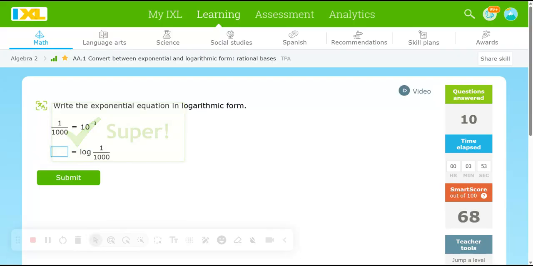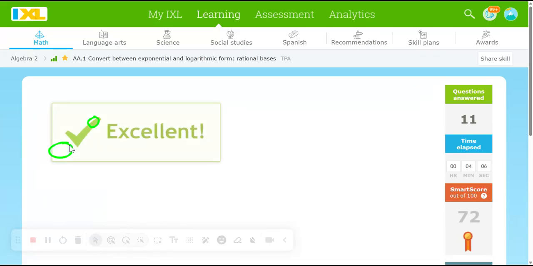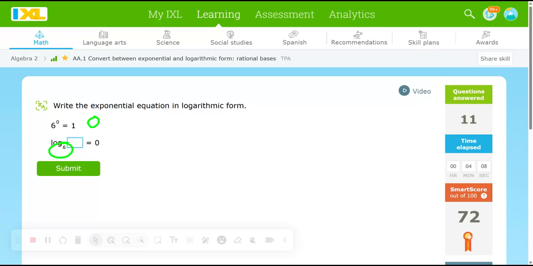And now again, the power of your exponential has to be the answer of the log. So over here it has to be negative 3. Voila. And now this one over here: the base of the exponential is number 6, and this is the base of the log, also number 6.